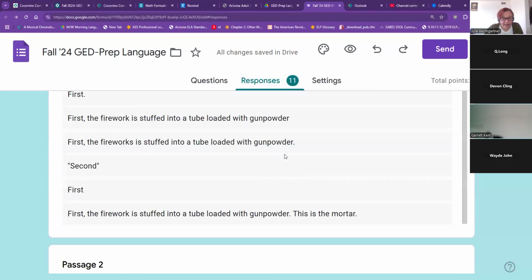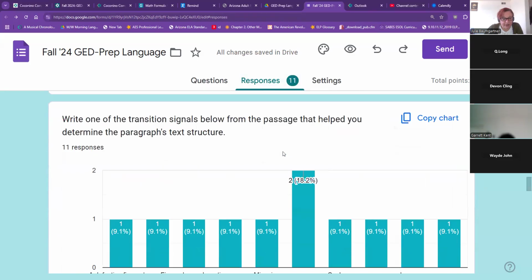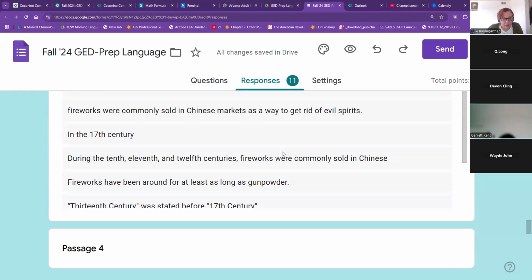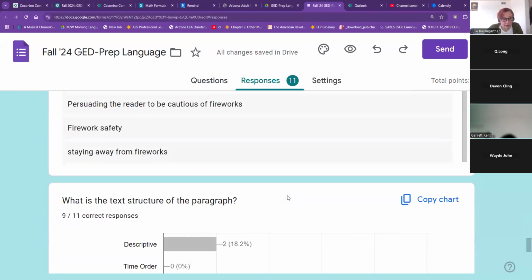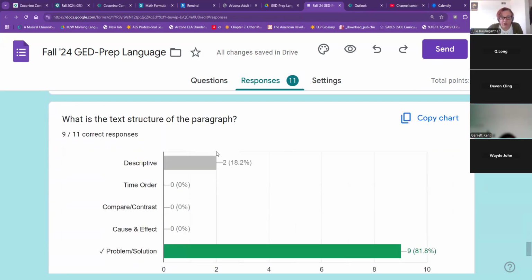All right. And let's see how you guys did here. All right. So a few of you chose descriptive, but good. Once again, it looks like the majority of us were good at identifying a problem solution text. Okay, good.